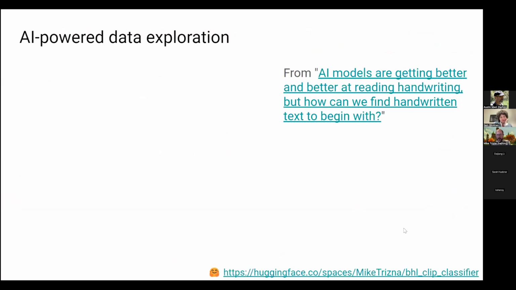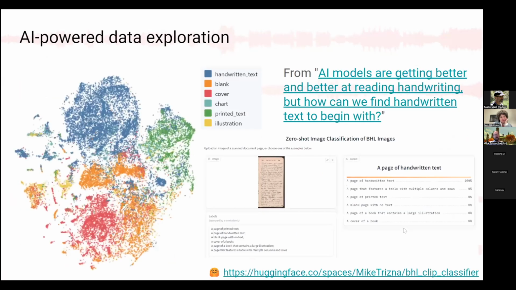And what you can end up doing with these is throwing large data sets through, where you can actually start to see clusters. So this is an example from a collaboration with the Biodiversity Heritage Library, where we're trying to find handwritten pages. And I recognize I'm running out of time here, but you get nice examples of here are all the handwritten text pages, here are the printed pages, here are the illustrations over here.